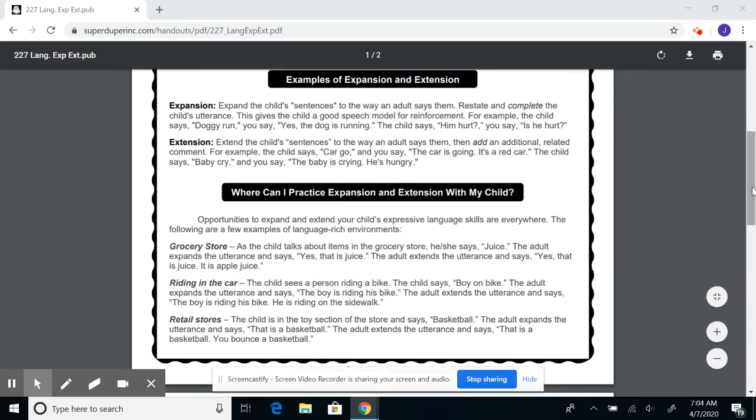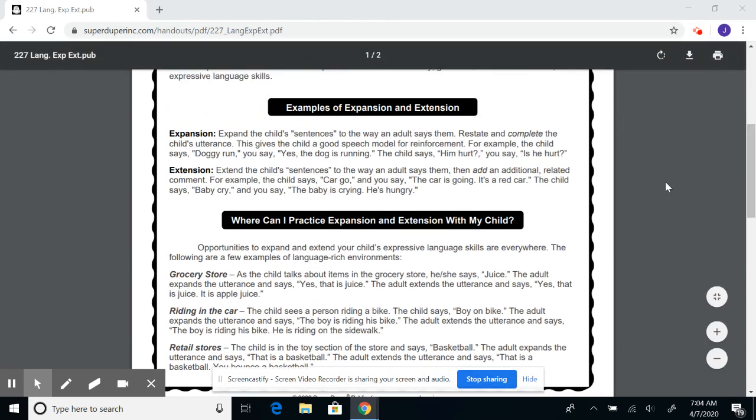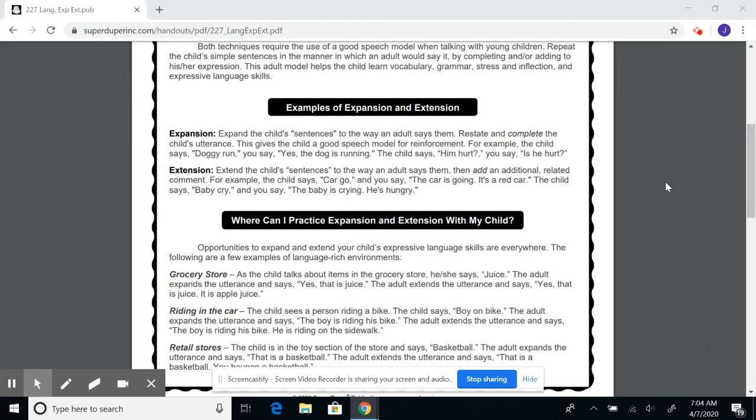Just to go over some more examples of expansion and extension, when you're expanding your child's sentences, this is where you are providing a model using correct grammar and longer sentences. So, for example, if the child says, "Doggy, run," you could say, "Yes, the dog is running." Or if the child says, "Him hurt," you say, "Is he hurt?"